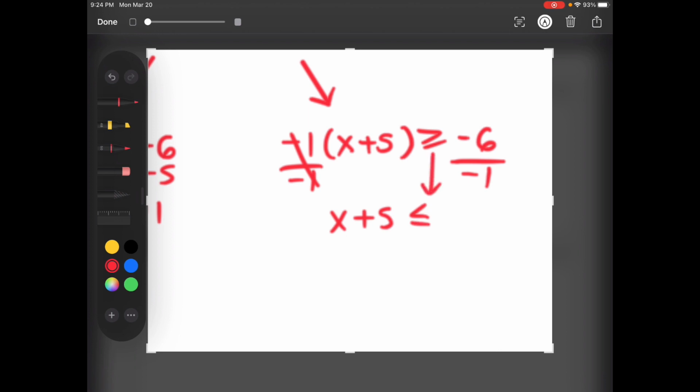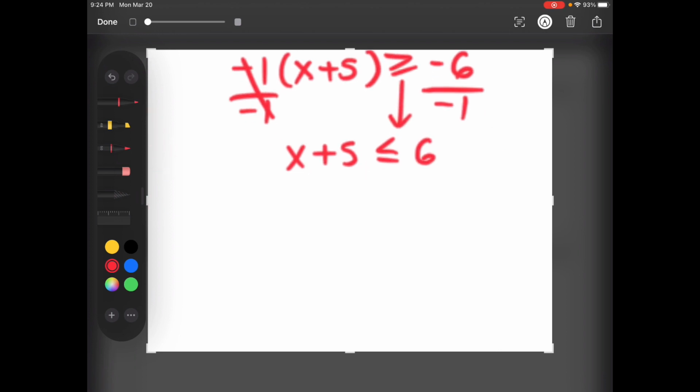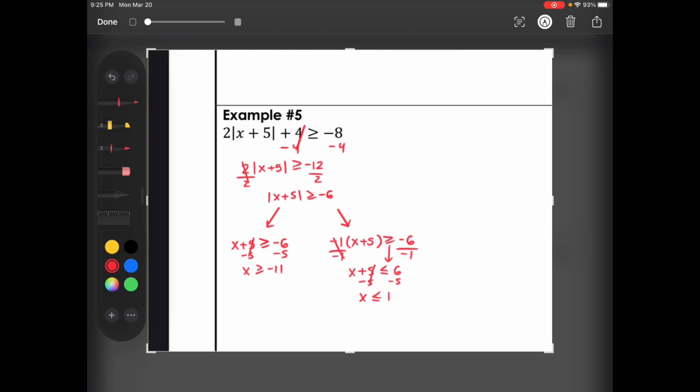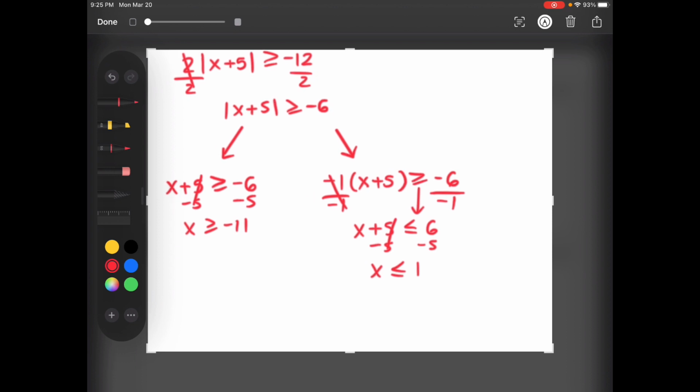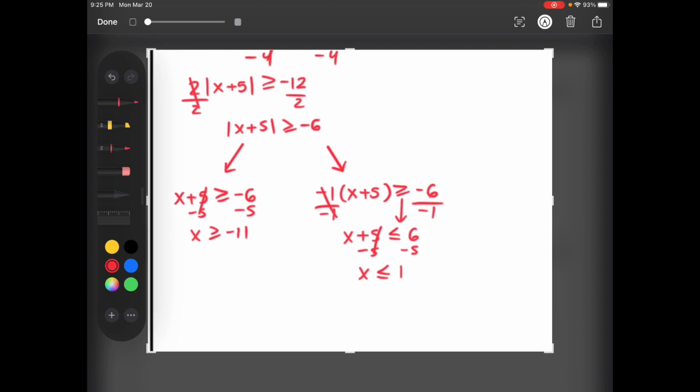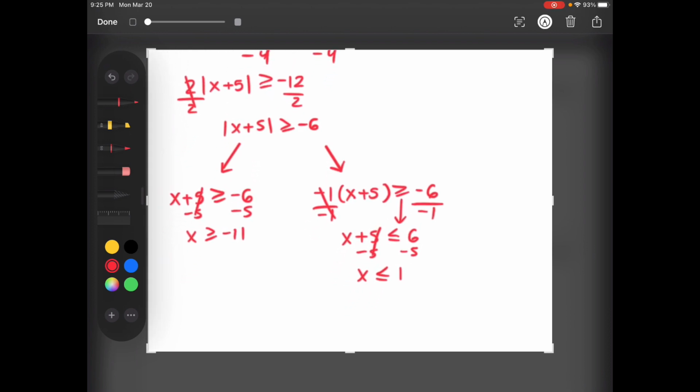Flip this. Yeah. All right, so we have x is greater than -11, but less than 1. Less than or equal to 1.